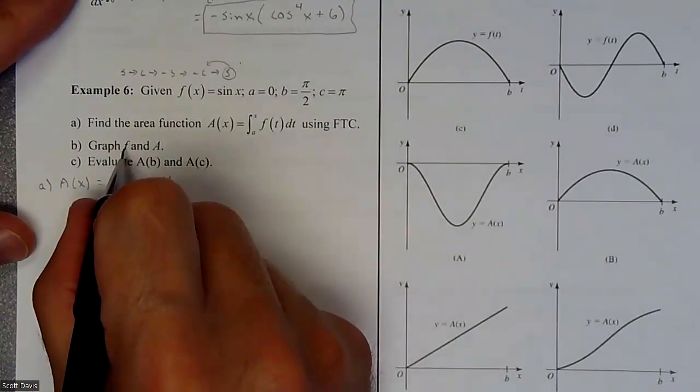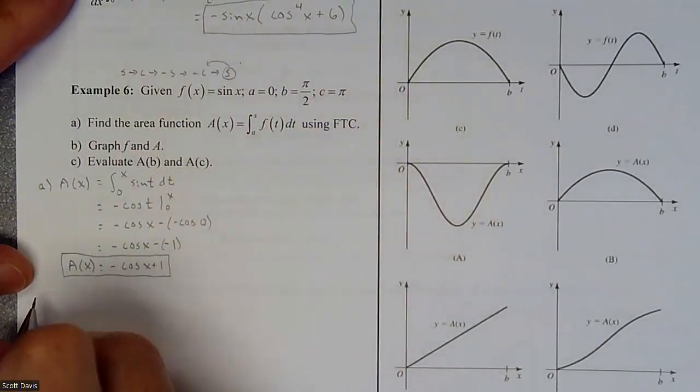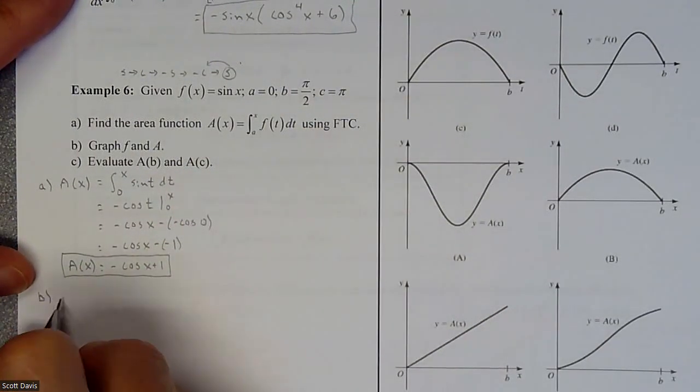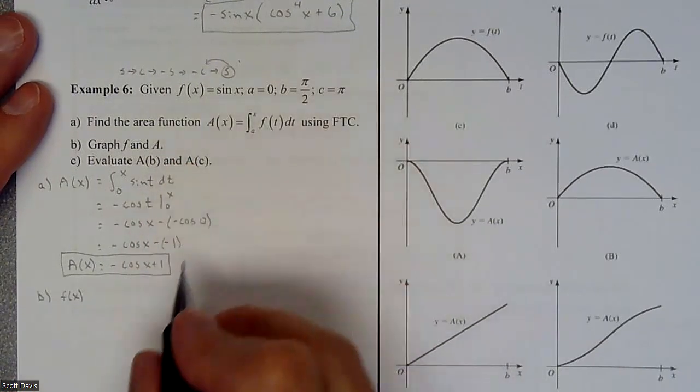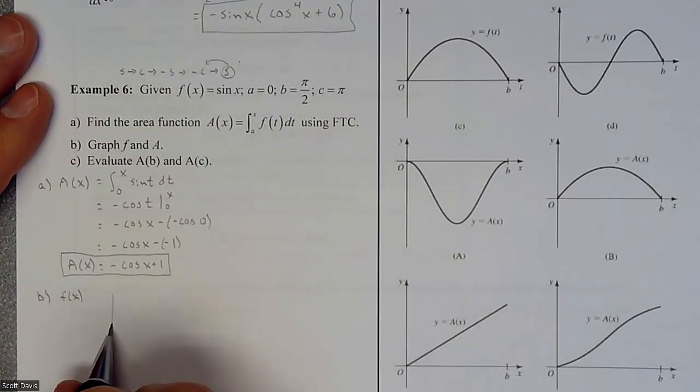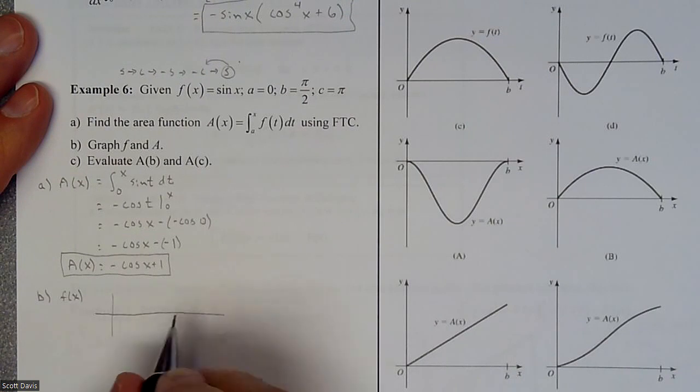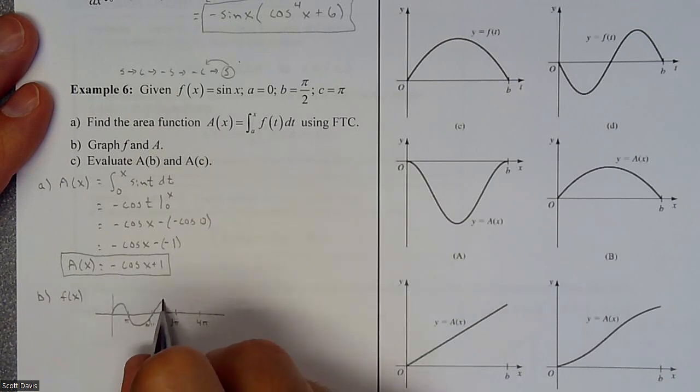The next thing they want us to do is to graph both the original function. So we're going to graph f of x, and that f of x equals sine x. If I graph sine x, let's say that's 2 pi. This is pi, 3 pi, 4 pi. So sine would be like this, and then this.